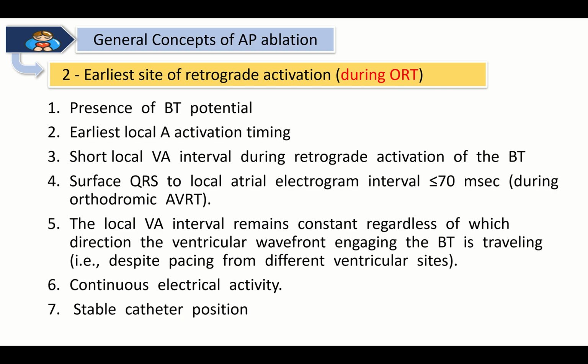So what you should search for during retrograde conduction and activation: number 1, presence of an accessory pathway potential. It makes sense. Earliest retrograde local A, short local VA interval, and surface QRS complex to local A less than 70 milliseconds in orthodromic. Local VA should be constant regardless of the direction of the ventricular wavefront engaging the accessory pathway, continuous electrical activity between V and A, and finally a stable catheter position.